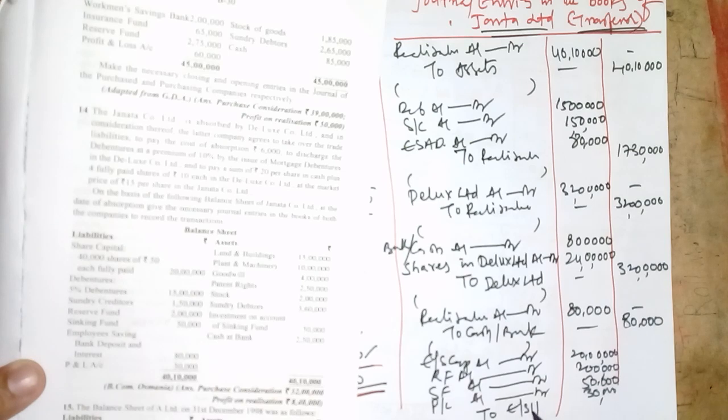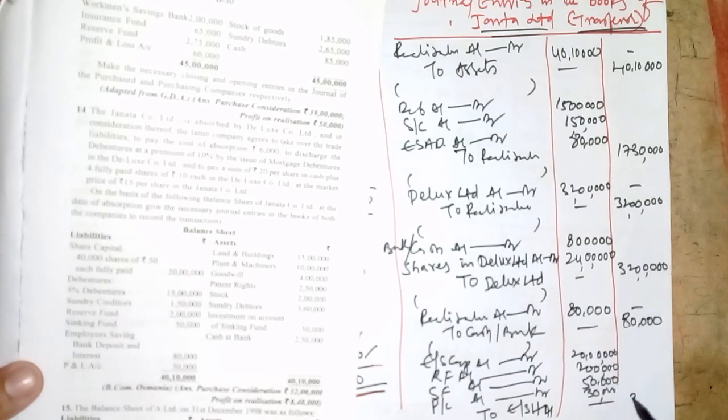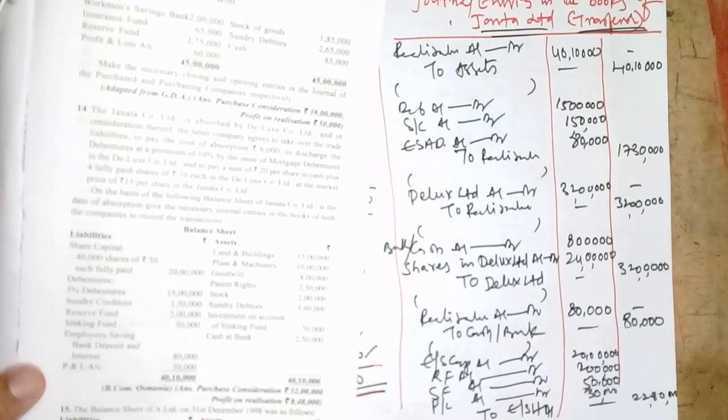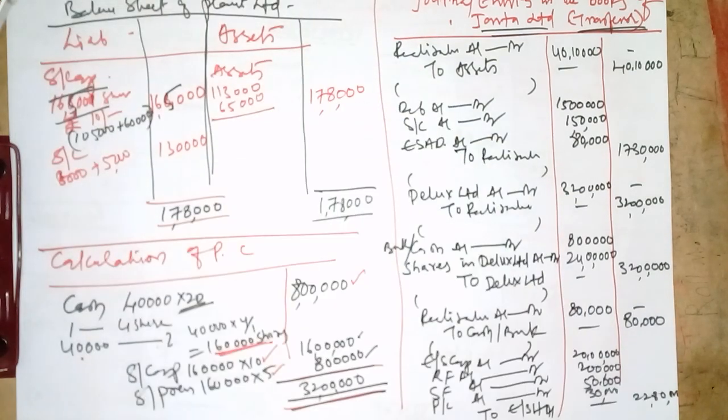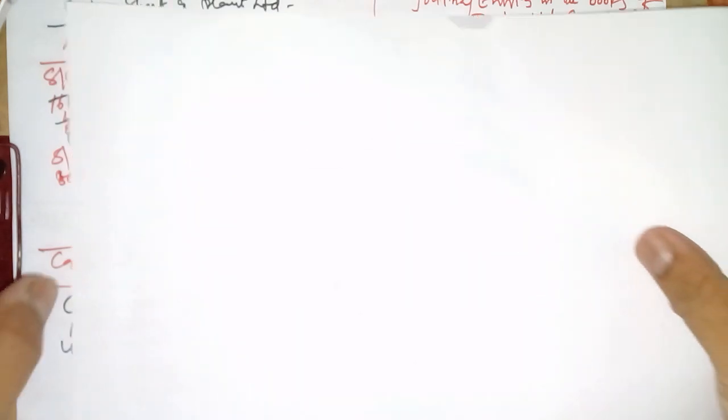Equity shareholders account. So summation is 22 lakhs 80,000. Right? So like this we have passed the entry for what? Transfer of liabilities to realization account. So once this is done, we will take up the next entry.